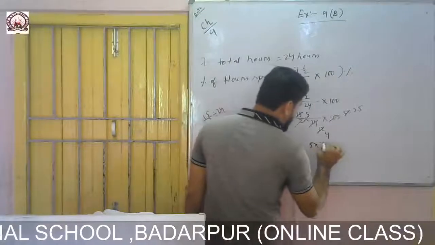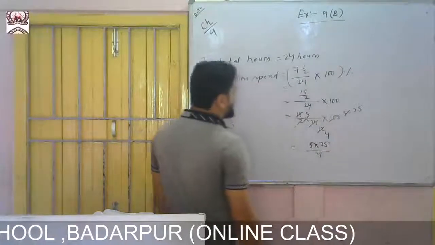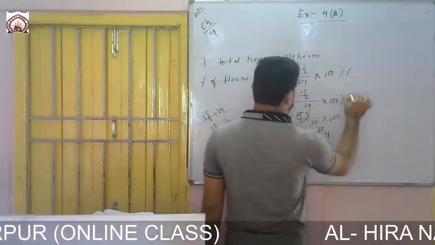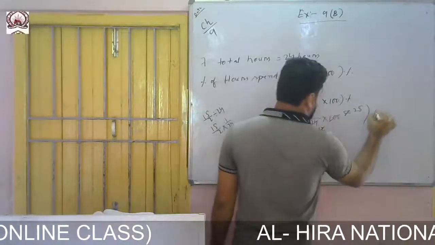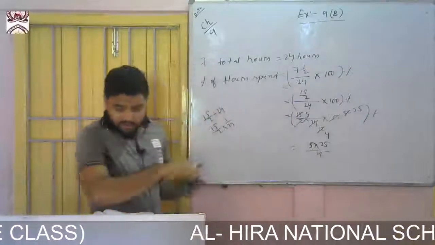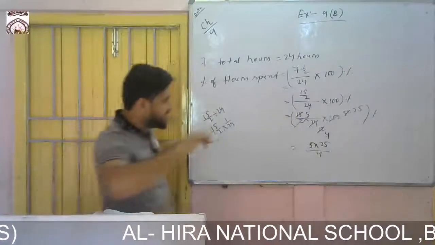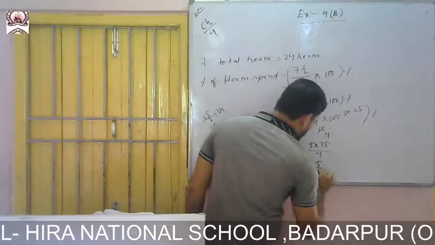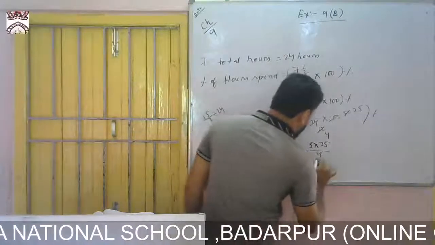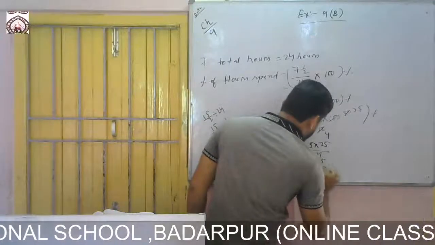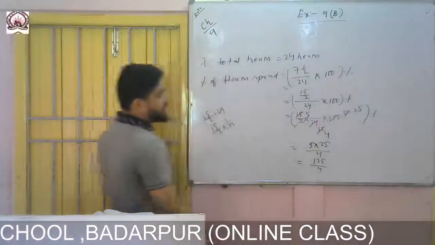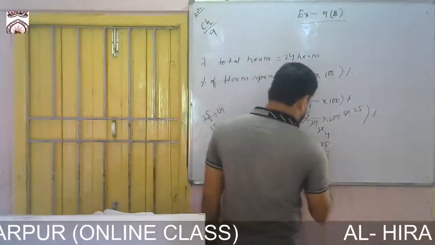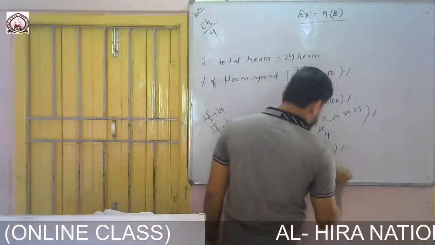So it will be 5 into 25 by 4. Sorry, it is 125 by 4, which is 125%... percent.